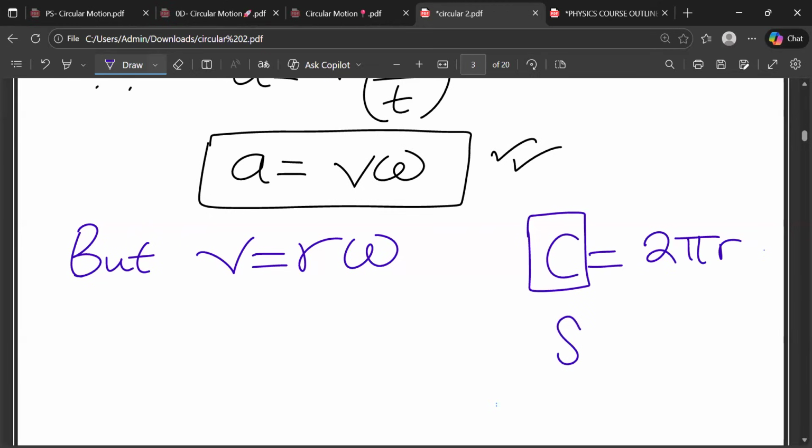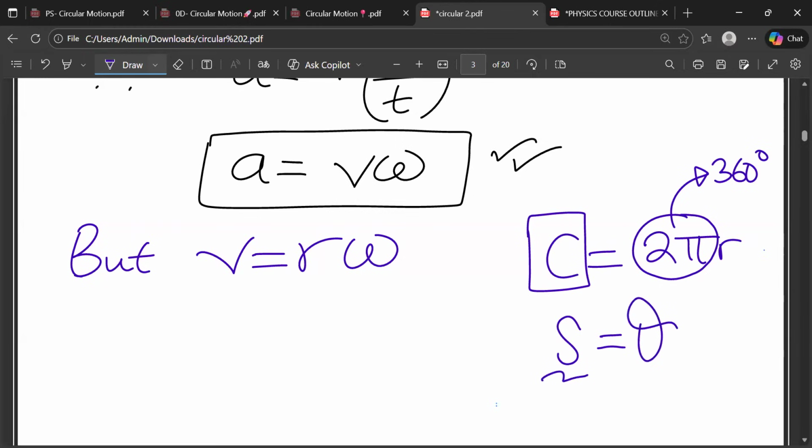For circumference, that's when we have 2 pi, which is 360. So in case it is any displacement, that means it will be any angular displacement, then any R. I don't want you to forget these things, please.